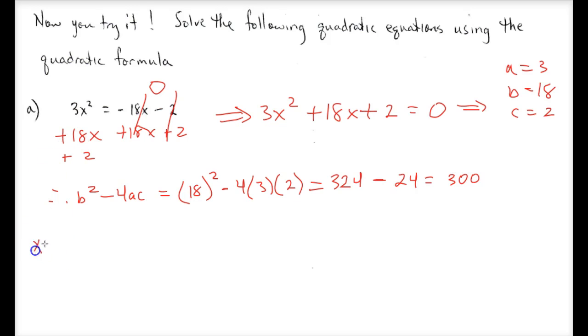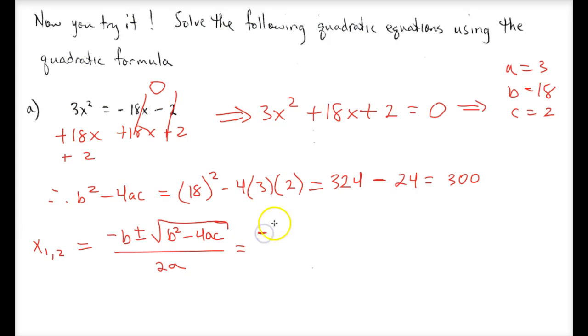Now using our quadratic formula, and this 300 means that we're expecting two different solutions. We have negative b plus or minus the square root of b squared minus 4ac, all over 2a. We'll just plug in, or evaluate, as we say properly, all this. So our b, of course, is 18, plus or minus, we know that our discriminant is 300, and a is 3.